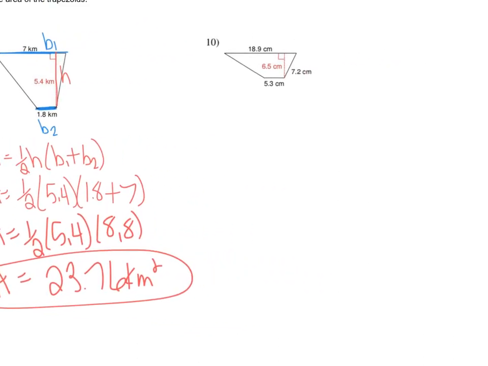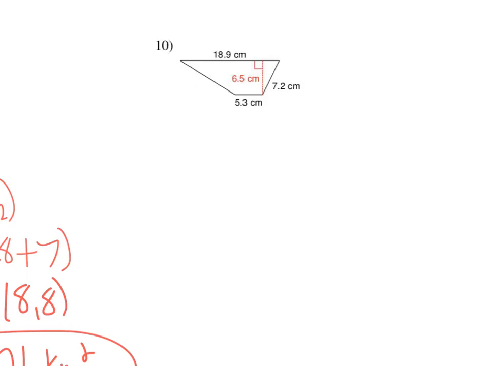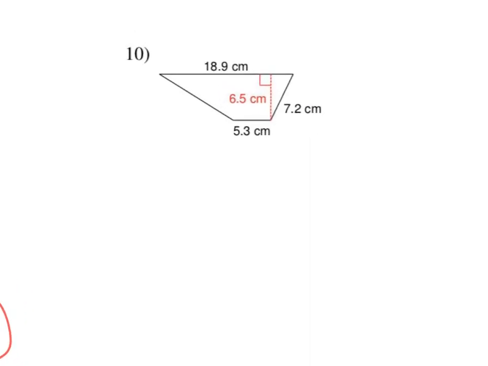Okay, over here, if you notice, there is some extra information. If you want to pause the video and think about it for a minute before I start to see which pieces of information you need and which you don't, that's fine. So I'm going to tell you that our height, remember, is always perpendicular to our bases. So here's our height, which is 6.5, and then our bases are the two sides that are parallel. So there's a base, and there's a base.